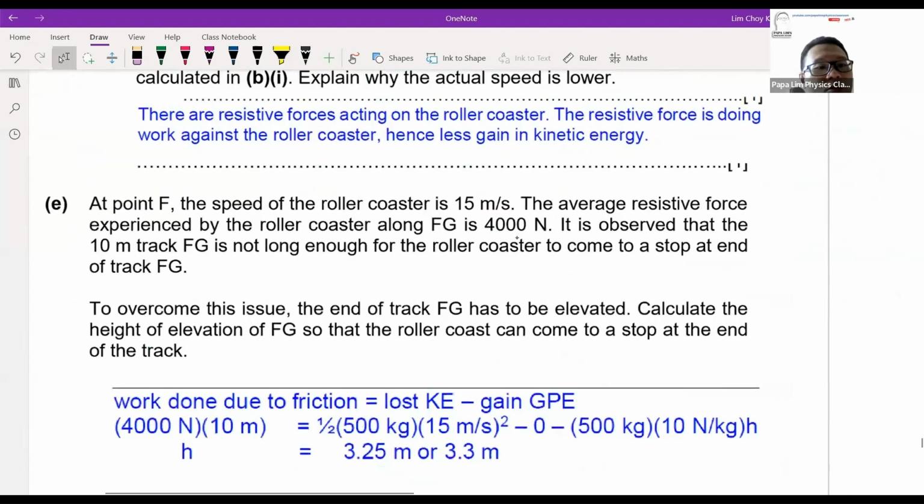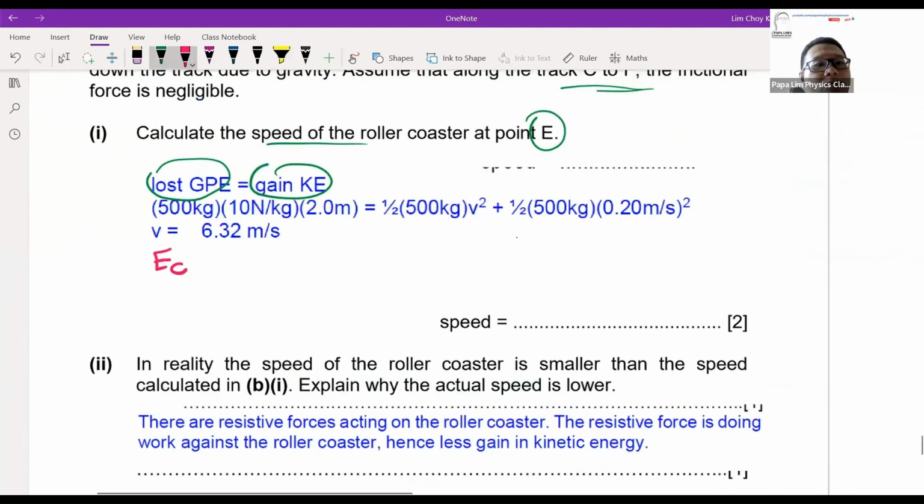So I can have the energy at C converted to the energy at E, and they are equal because they are converted. Same as what I mentioned before, at E you have potential at E plus kinetic at E. For C, you have your potential energy at C plus your kinetic energy at C.